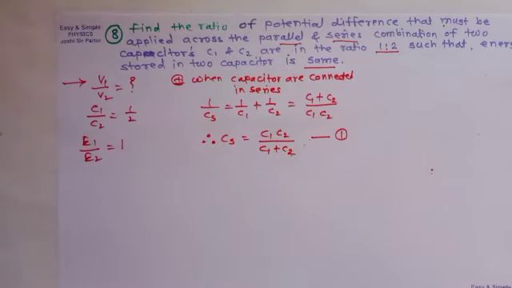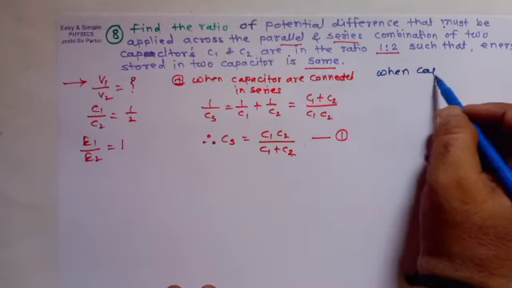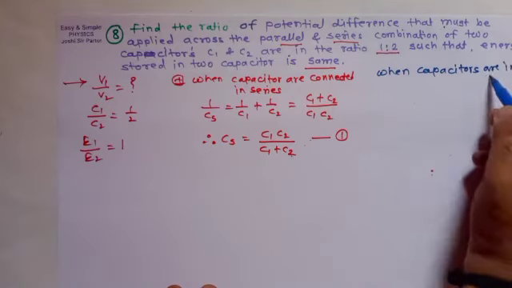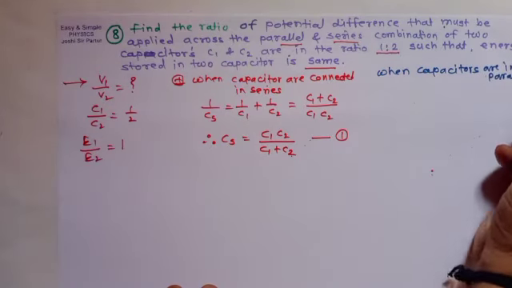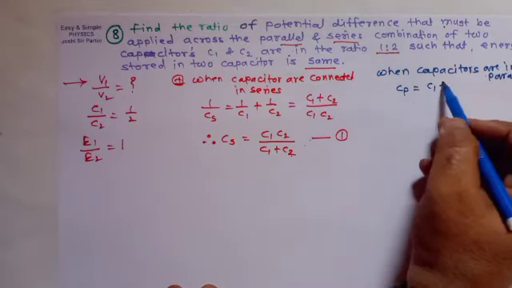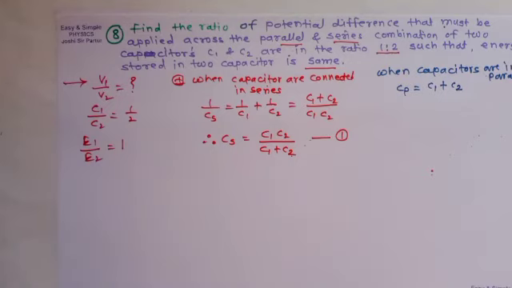Again, when capacitors are in parallel, what happens? Cp is equal to C1 plus C2.